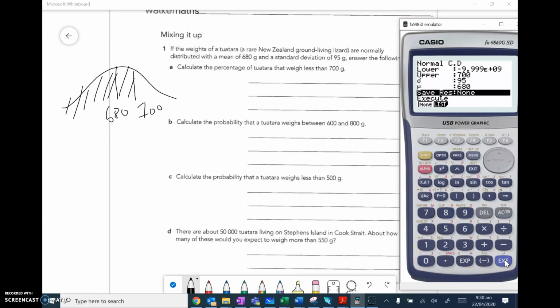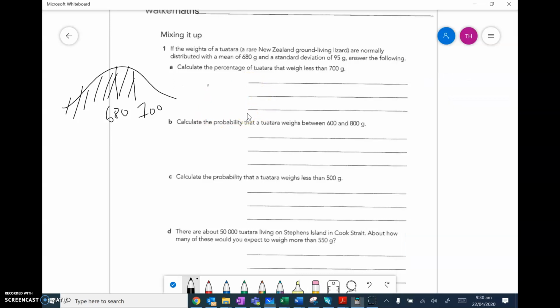Now what you need to do in your book is write the stuff down here, so the examiners know that you've put it into your graphics calculator. But I'm not going to do that because it's hard with my pen. So the probability that X is less than 700 grams. Now notice how I haven't done less than or equal to here. With the continuous distribution, that equal to doesn't matter anymore.